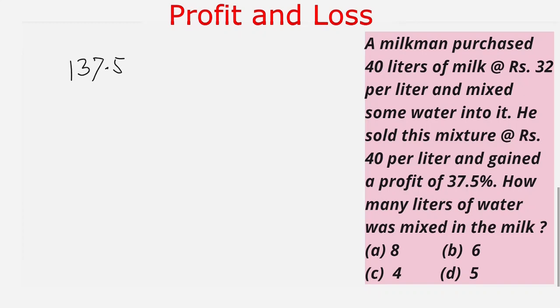The purchase cost is at the rate of rupees 32 and selling cost is at the rate of rupees 40 per liter, and 40 is 125% of 32. It means that the milk which was 100 liters is giving the value of 125 liters with 25% profit. Therefore, the value of water is 137.5 minus 125, which is 12.5.